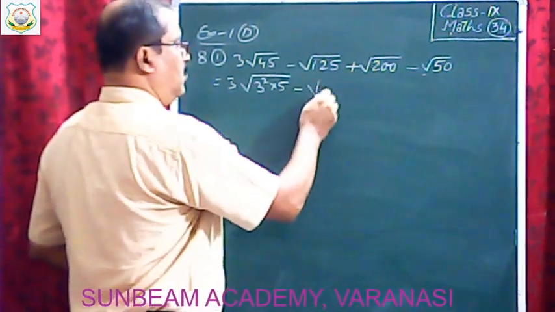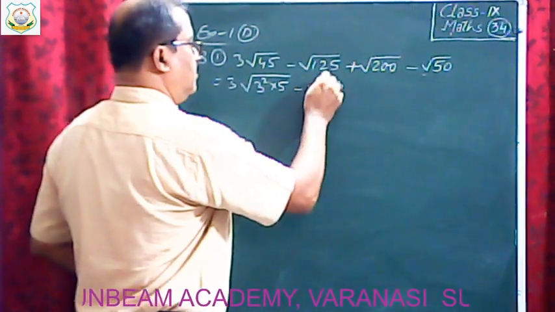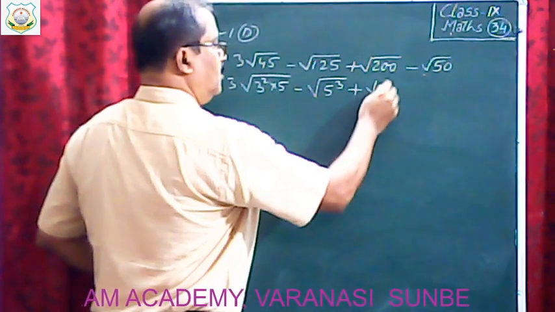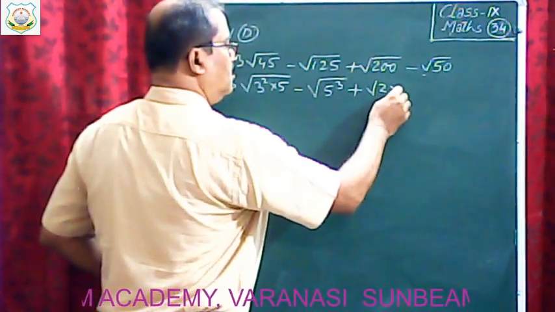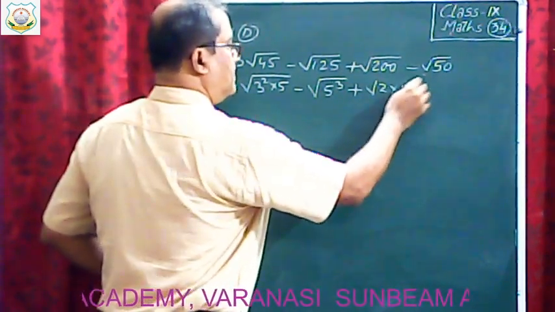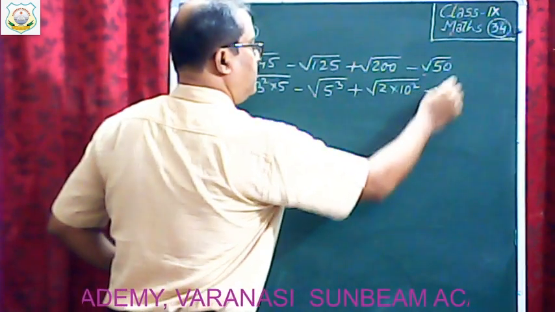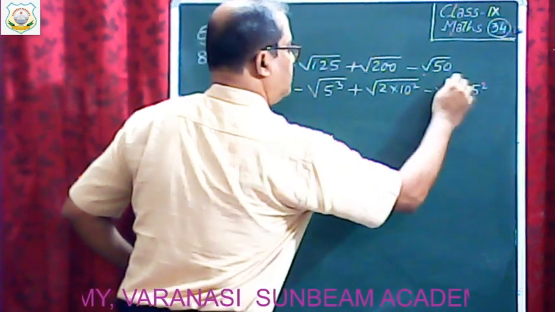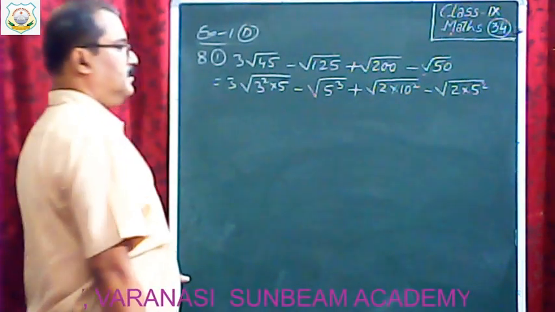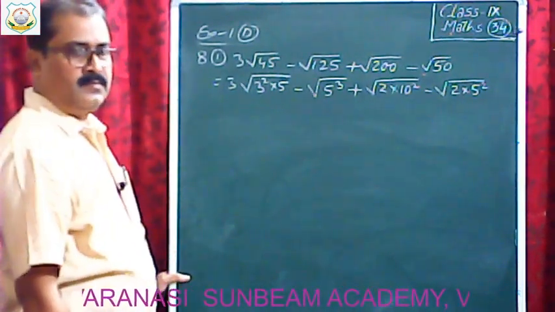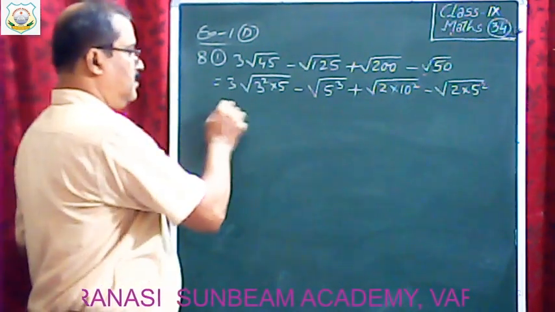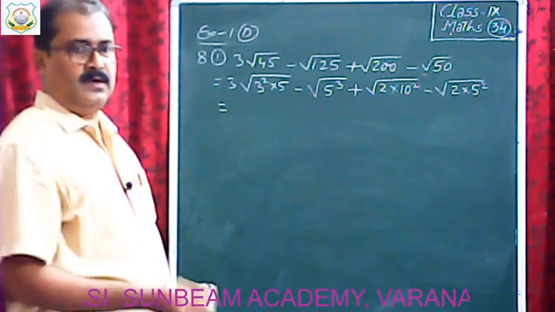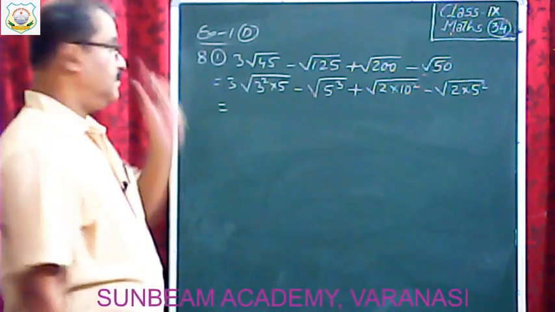Minus square root 125 means 5 cube. 200 means 2 into 10 square. 50 means 2 into 5 square. First of all you have to factorize, and thereafter you have to take out 1 from a pair of the factors.